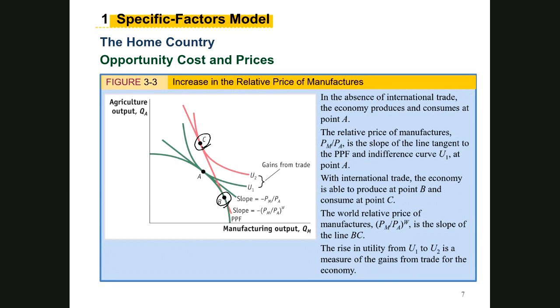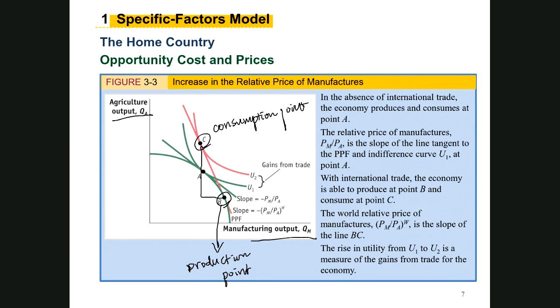This is the consumption point, which is the bundle of agricultural output and manufacturing output. This is my production point after the trade. So where is the trade triangle? The trade triangle is going to show up here, right?